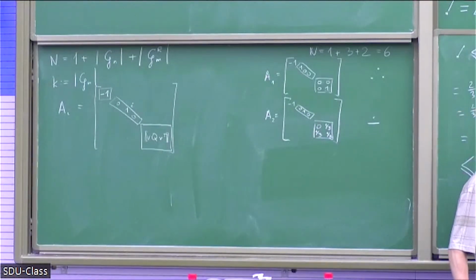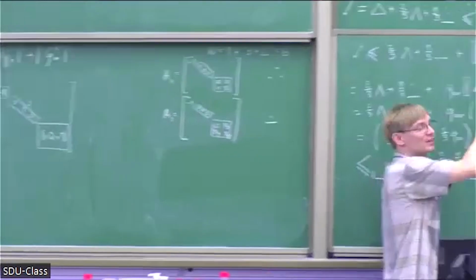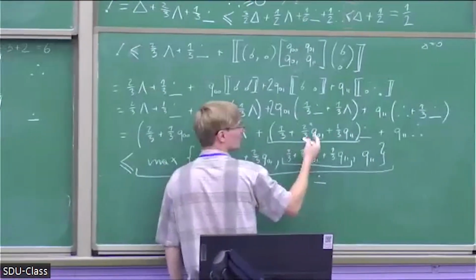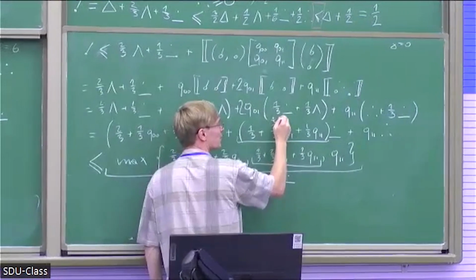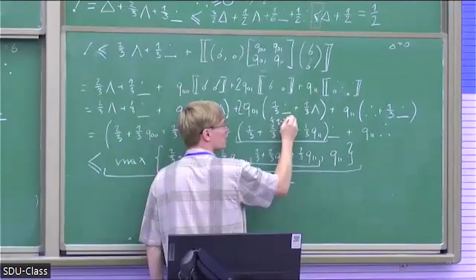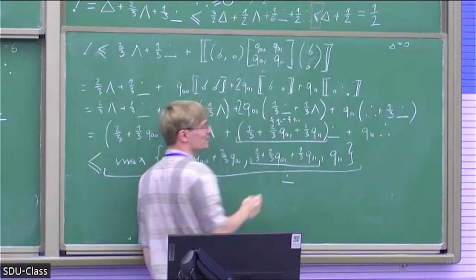And Q01 is 2/3, but Q01 is the same as Q10, right? Because this matrix is symmetric. So instead of writing 2/3 Q01, I'm writing 1/3 of Q01 plus 1/3 of Q10.